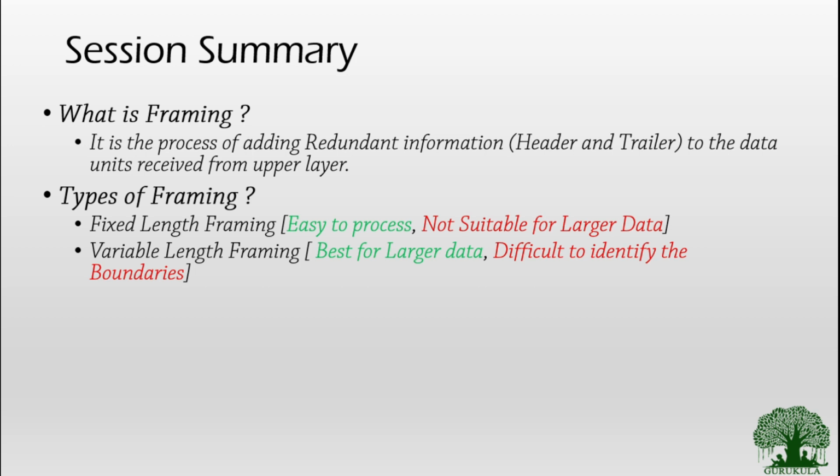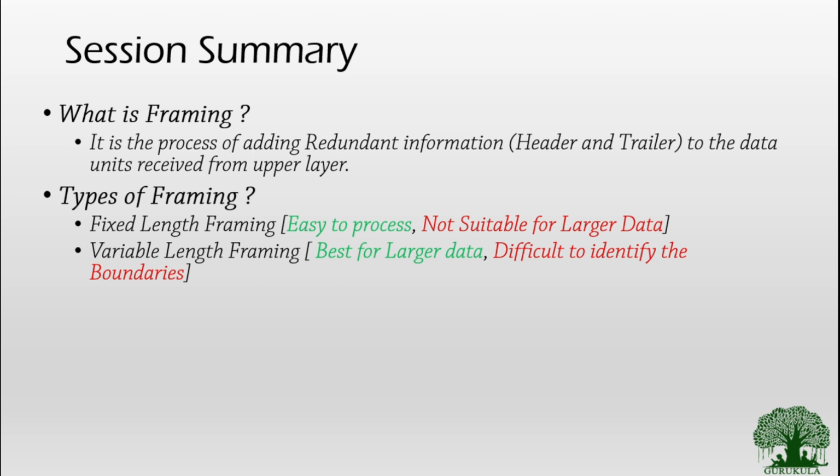Fixed length framing is very easy to process because we don't have any challenges in identifying the boundaries of the frame, but the sad part is it is not suitable for larger data transmission. On the other hand, we have variable length framing, which is very efficient for transmitting larger data, but the challenging task is that it is very difficult to identify the boundaries of the frame, which means the start and end of the frame have to be identified by the receiver.